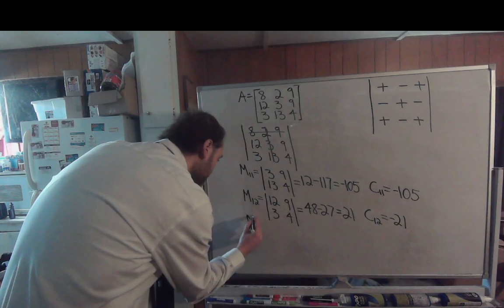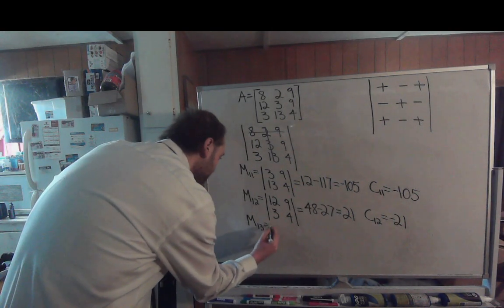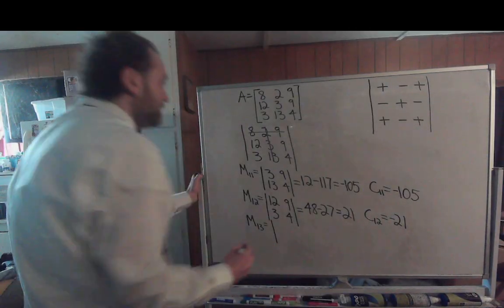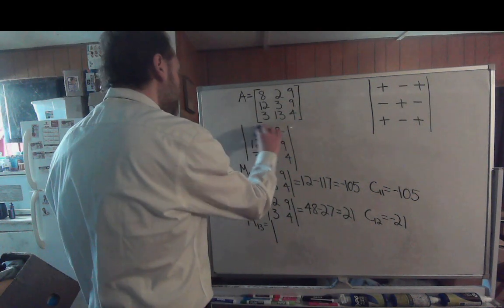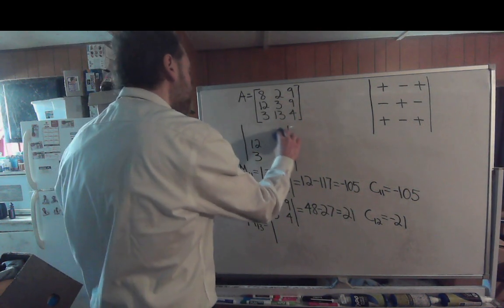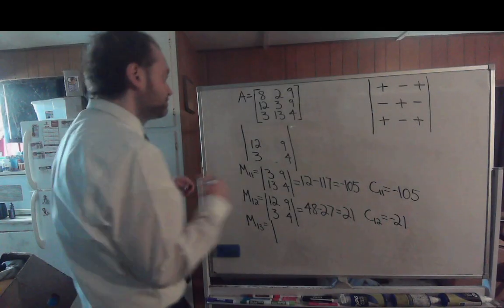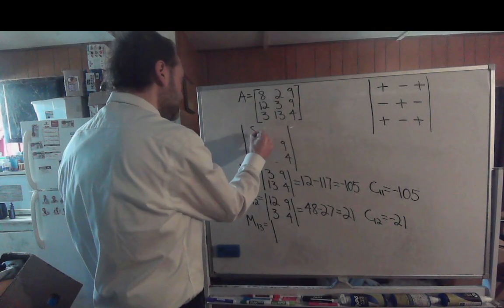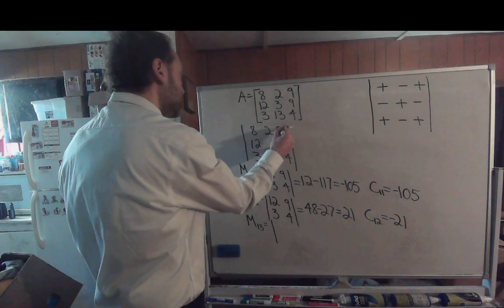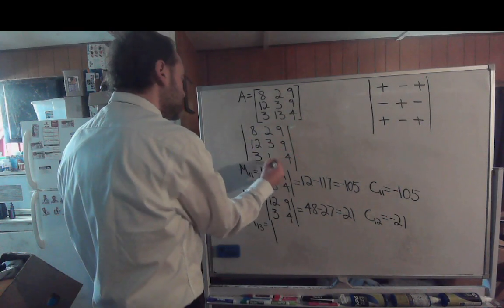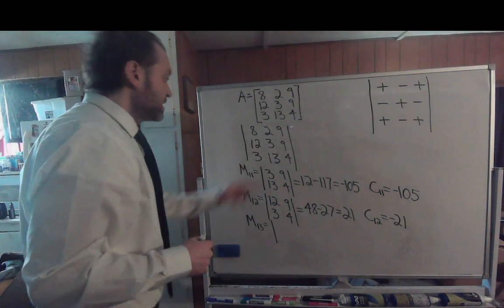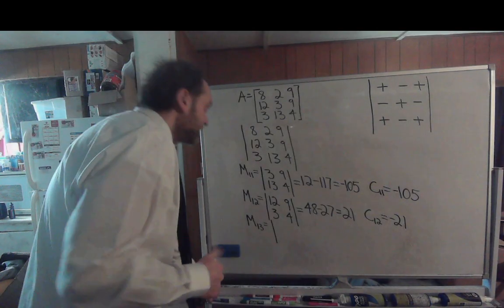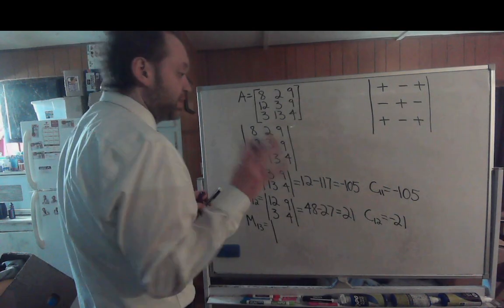Then let's find minor 1, 3. Let me rebuild this real quick here so we have a good picture of this. All right. So we're going to deal where that coefficient of 9 is, but we're not going to multiply by it just yet.